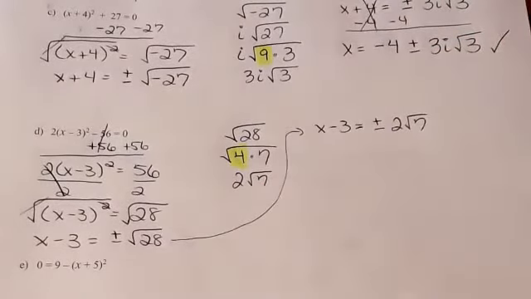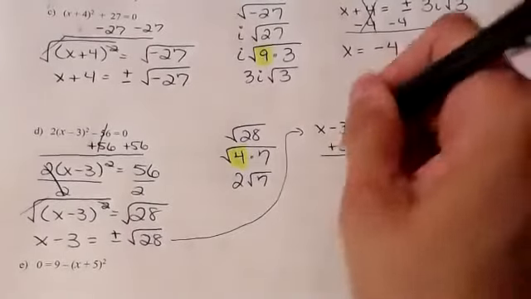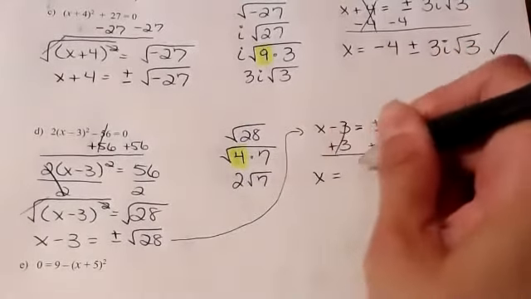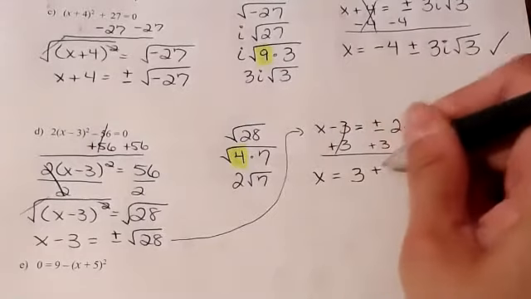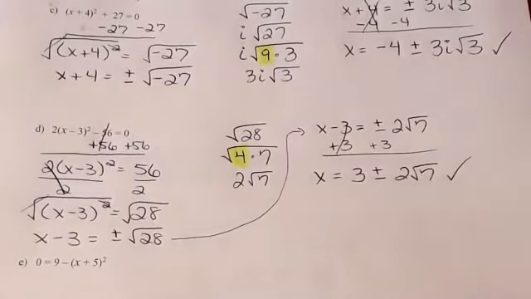All I have left to do is get x by itself. So in order to do that, I'm going to add 3 to both sides. That leaves me with x is equal to 3 plus or minus 2 square roots of 7. If they were like terms, you'd actually combine them, but they're not like terms.